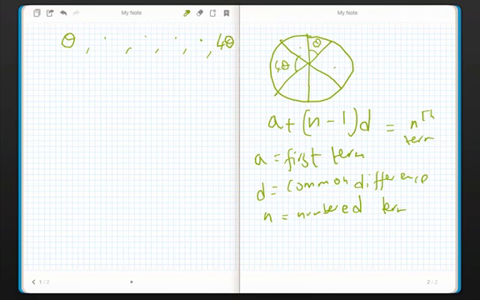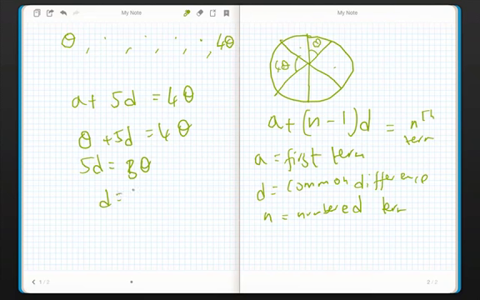We know a plus n minus 1 d, and in this case n is 6. So a is theta, and theta plus 5d is equal to 4 theta. From this equation we can find the common difference. So 5d is equal to 3 theta, and d is equal to 3 theta by 5.